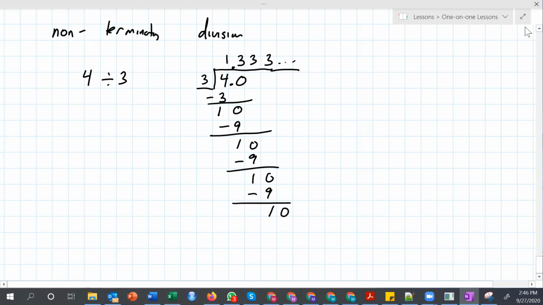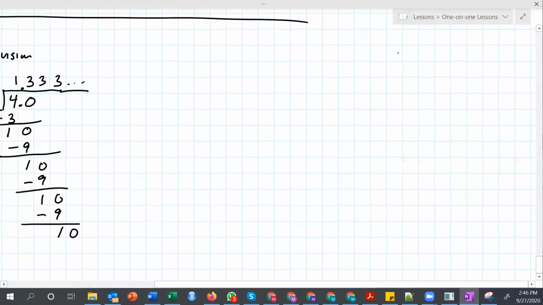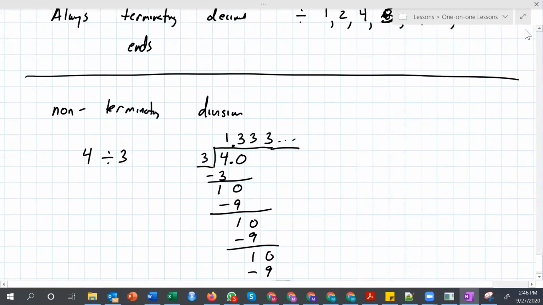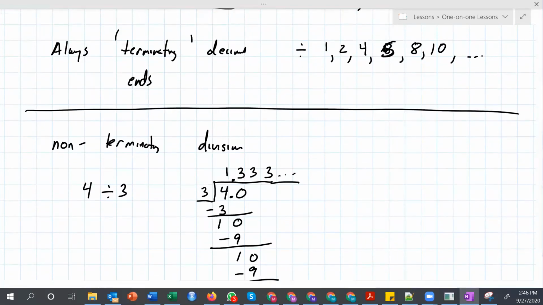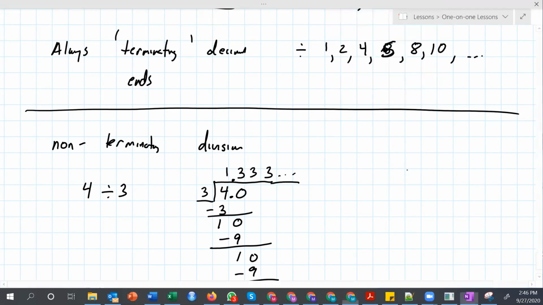So what's another number in this list that I didn't include? 6. 6 has the same problem. Same thing with 7. Same thing with 9. If you know these things, it can help you, because what really helps you is to know what 4 always ends in, or what 8 always ends in, or what 10 always ends in, and so on.